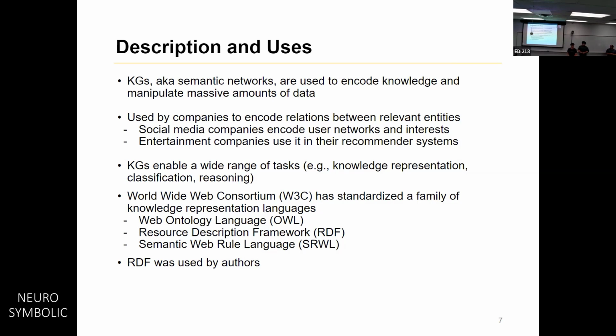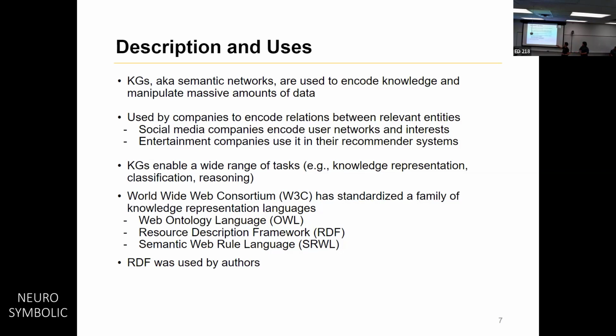For example, social media companies use knowledge graphs to encode relations between their user networks, and entertainment companies, such as Netflix, use knowledge graphs to supplement their recommendation systems. Additionally, KGs can enable a wide range of tasks, such as knowledge representation, which I just mentioned, classification and reasoning.